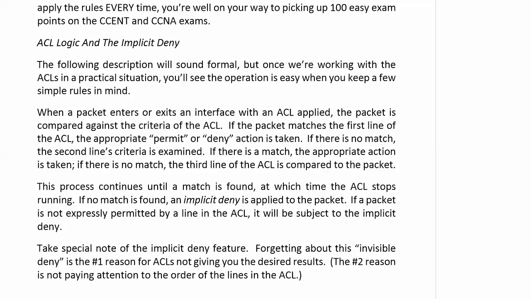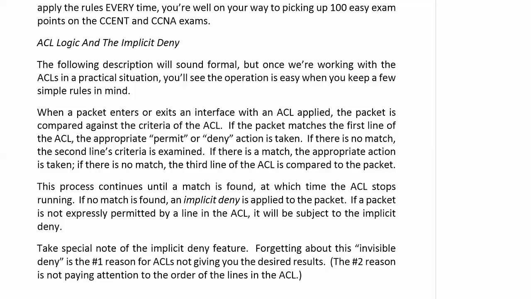When a packet enters or exits an interface with an ACL applied, the packet is compared against the criteria of the ACL. And again, for the most part, that's going to involve IP addresses, but it can involve port numbers, it can involve protocol numbers, just about any value you can think of.